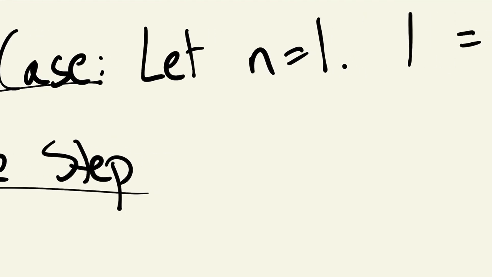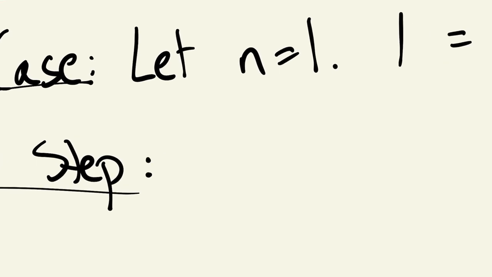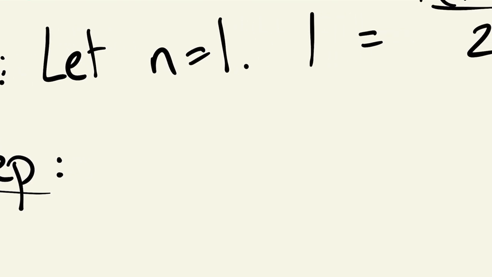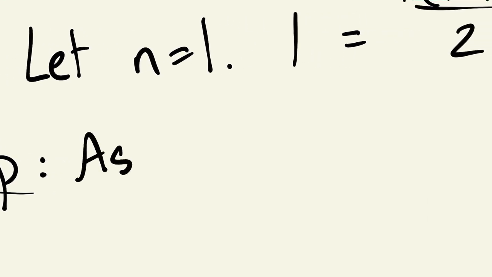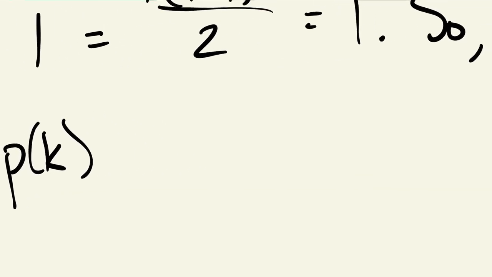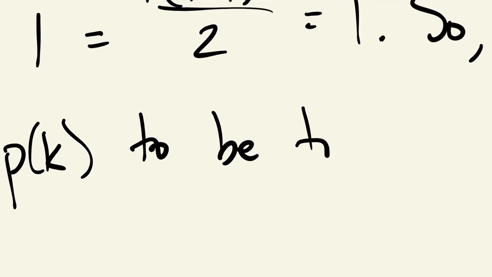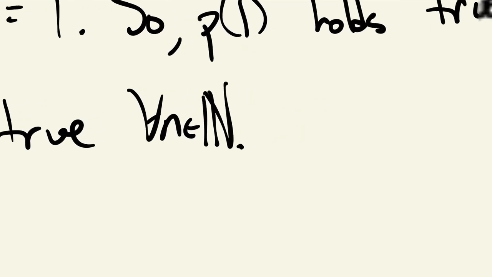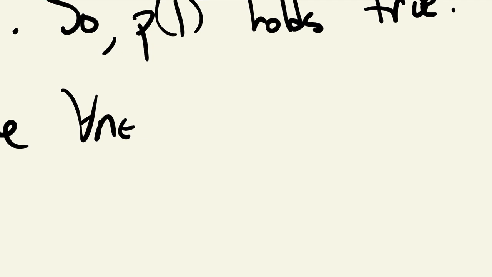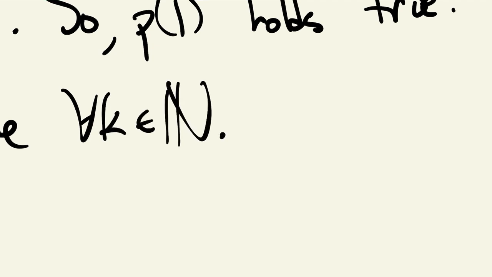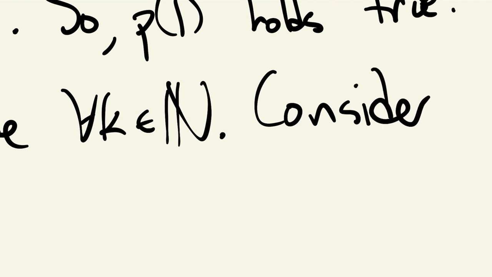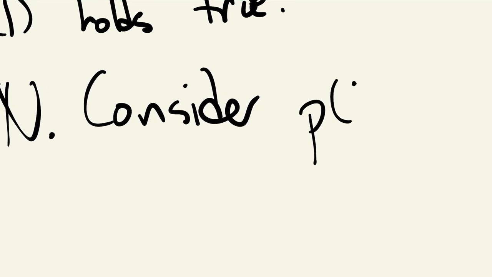So the inductive step includes the inductive hypothesis, which is basically the following statement, where we assume P of k to be true for some k that's a natural number. And we want to consider P of k plus 1.